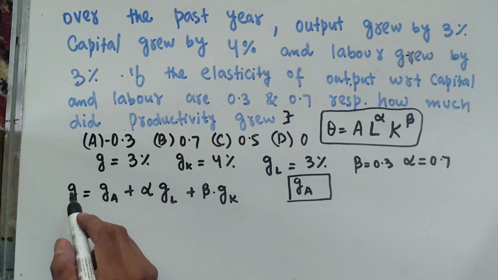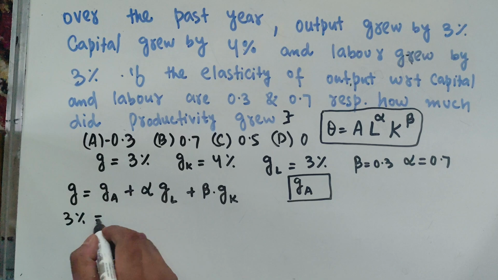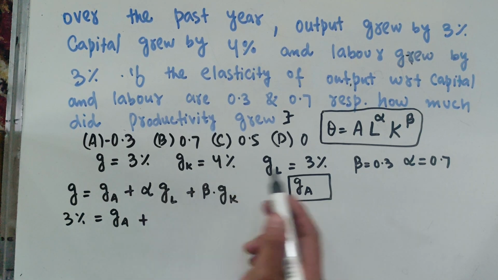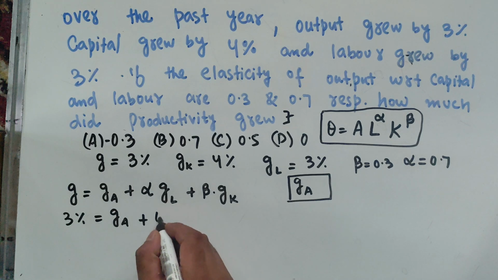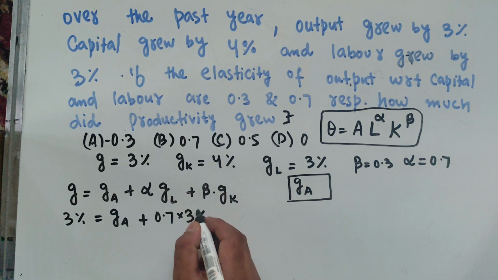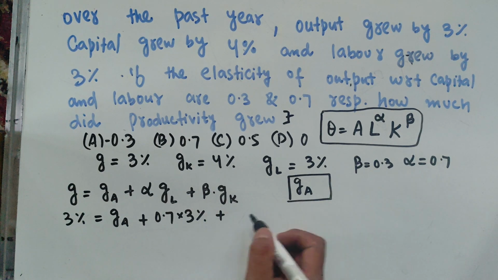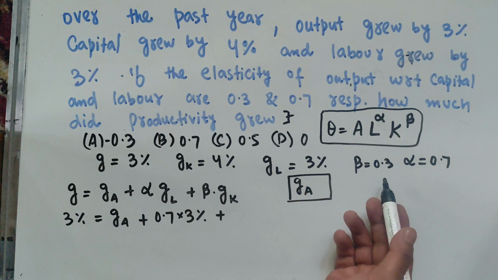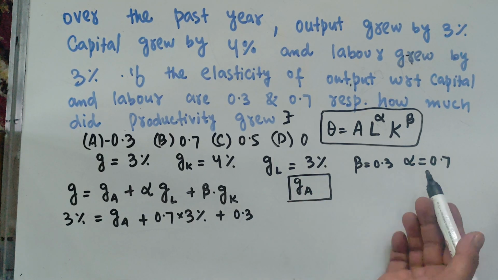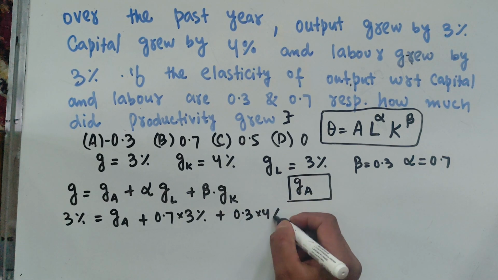Okay, so growth rate of output is 3%, which will be equal to growth rate of productivity we are supposed to find out, plus alpha, which is 0.7 here, times growth rate of labor, 3%, plus beta, that is output elasticity of capital, which is 0.3, times growth rate of capital, 4%.